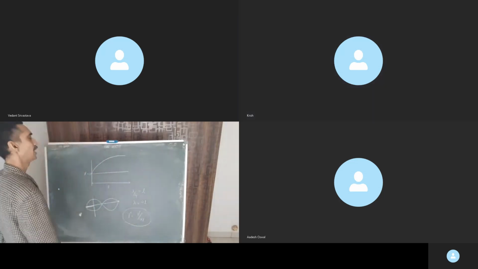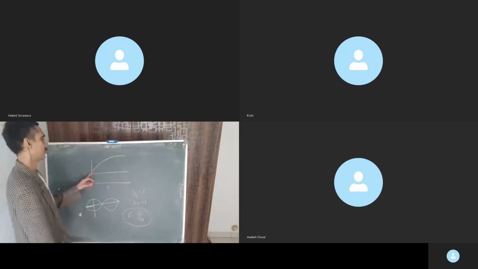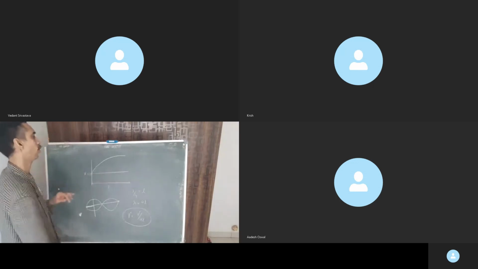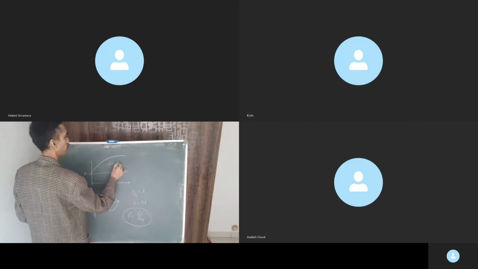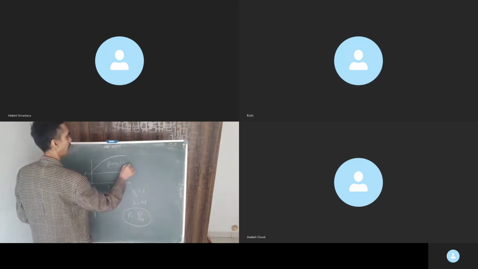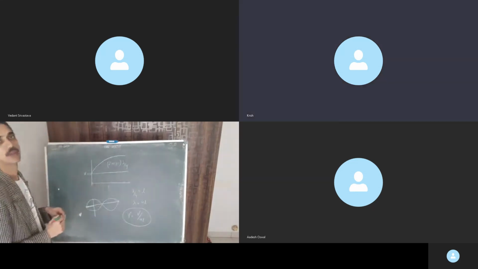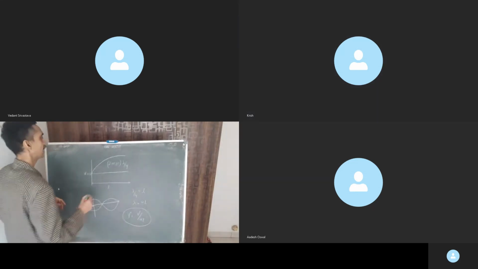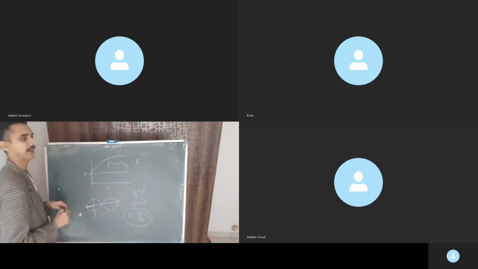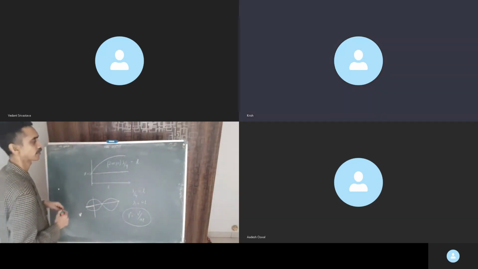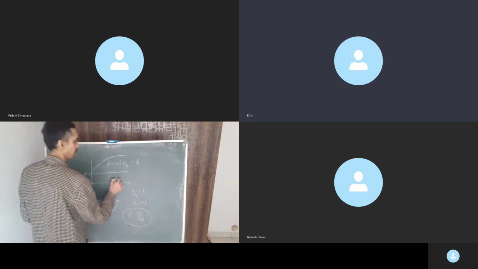Now tell me, distance between node and antinode, what did you write? Lambda by 4. Distance between node and antinode, (2m plus minus 1) into lambda by 4, correct? Now this is equal to L, I'm generalizing it. So what do we get from there?